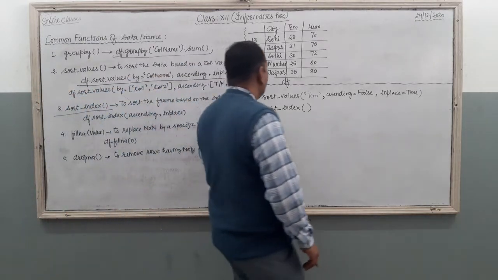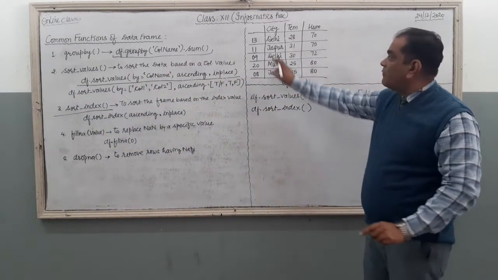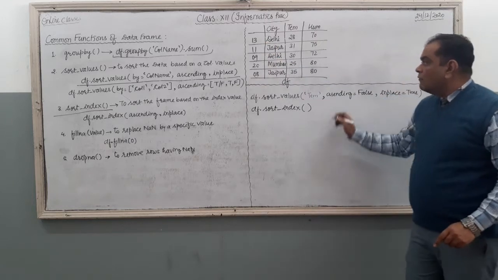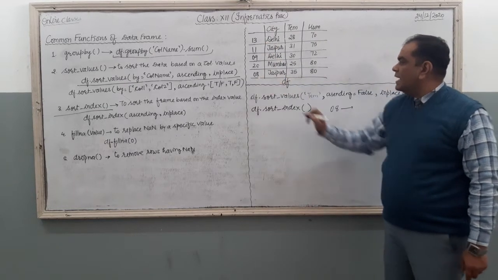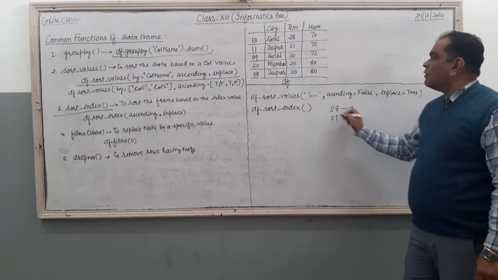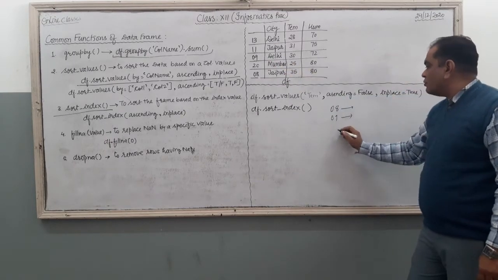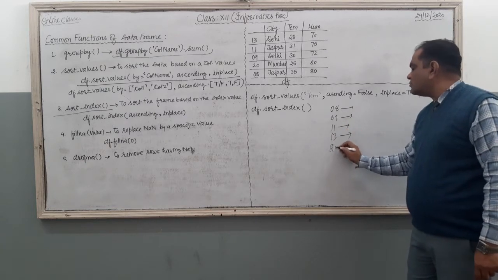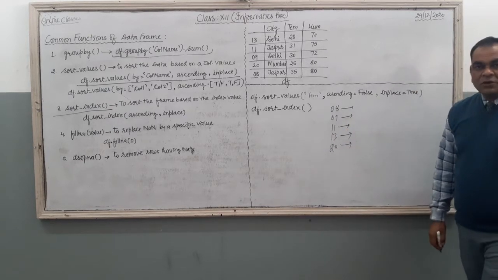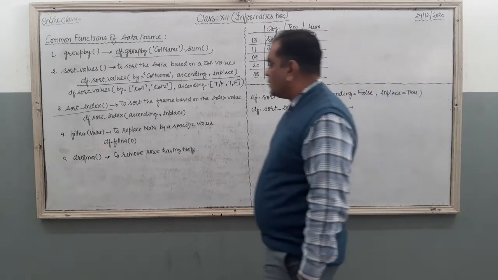Your data frame is going to sort on the basis of index values. The very first record is index 8, then 9, then the 11th record, then the 13th index record, and at the last the 20th record is there. So it is the sort index function.